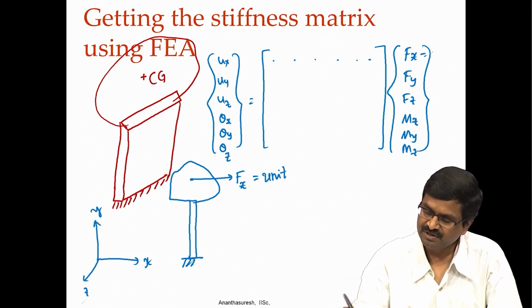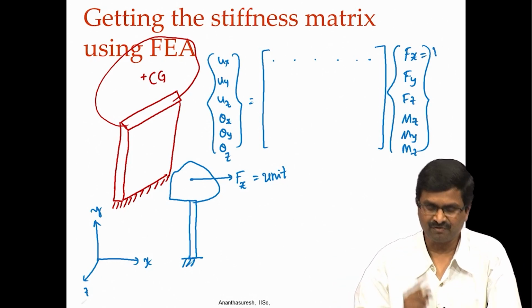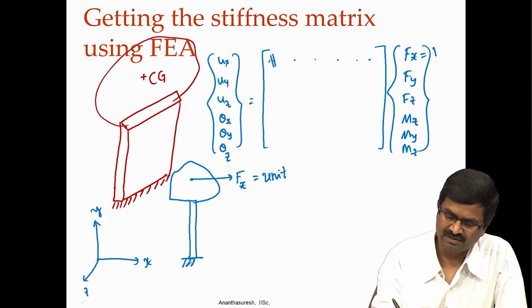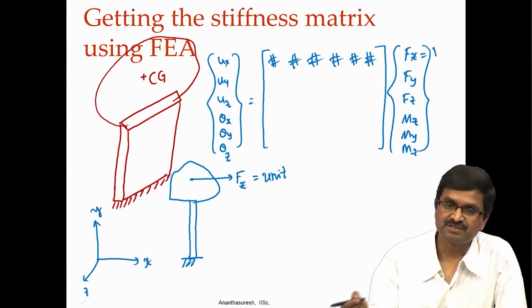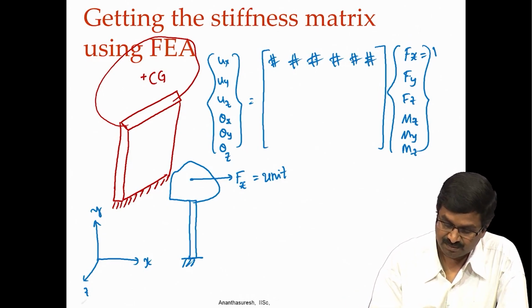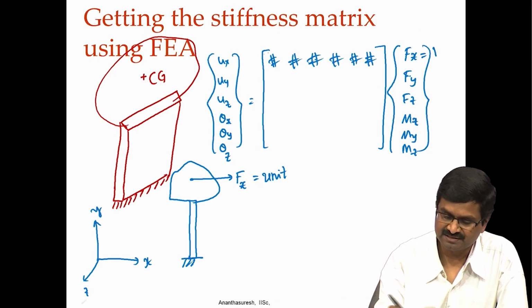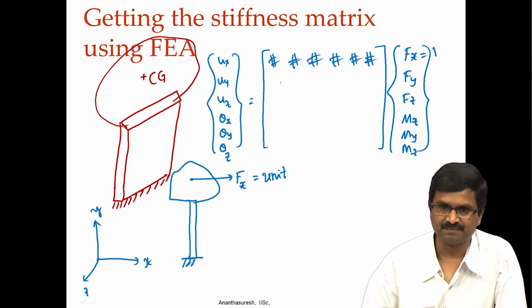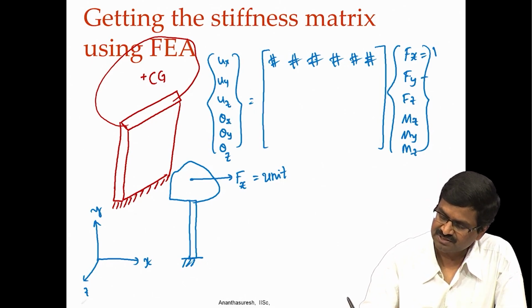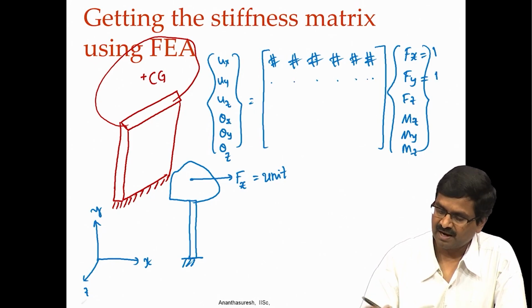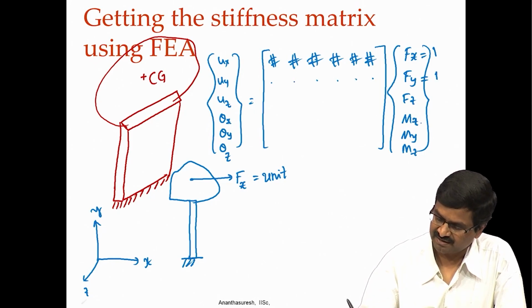When I apply unit force in the x direction, one finite element analysis, I get all these numbers, right. I do not have any other forces now, I applied only Fx equal to 1. So, whatever displacements I get from the finite element analysis, that will be Ux, Uy, Uz, theta x, theta y, theta z. Then I switch to this and make that unit to get the next row, and likewise Fz and Mx.